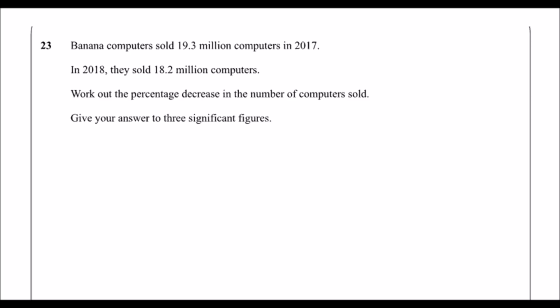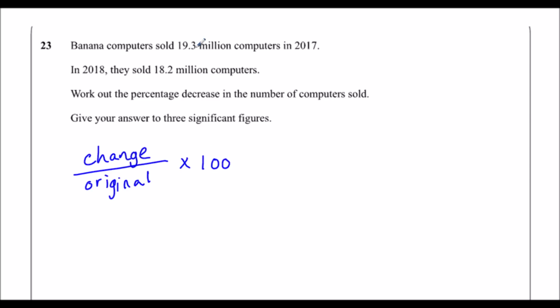Whenever we're working out a percentage increase, a percentage decrease, a percentage profit, any percentage change, we use the change over the original times 100. So what's it changed by?